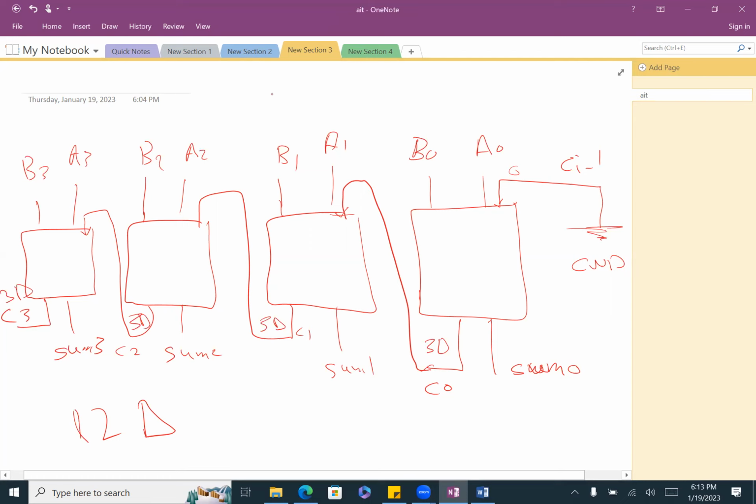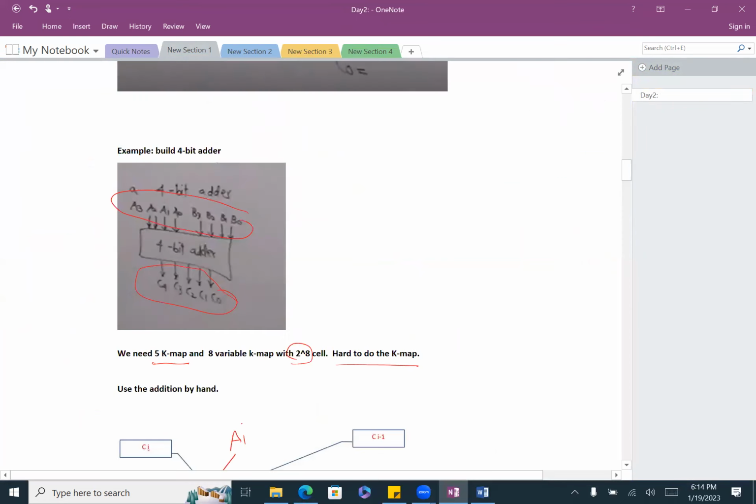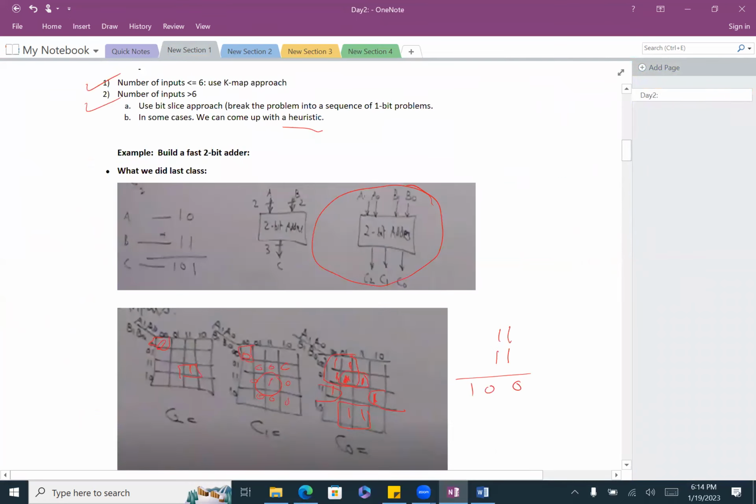Now, if we are doing only 2 bits, what is the delta delay? 6, correct? Okay, 6 delta. Now, the fast adder, which we designed using the K-map when we did the first design. What's the delay? If you remember, we went here. Okay, this one.